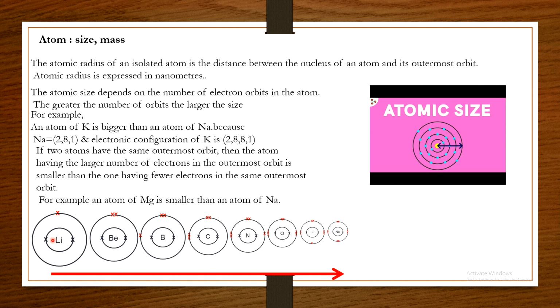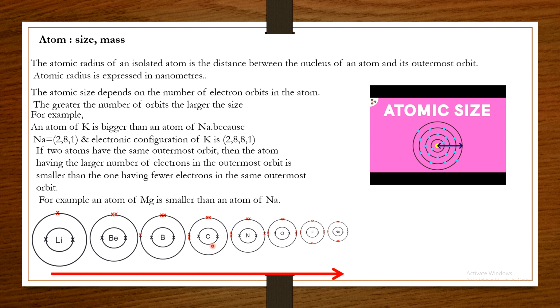So it will attract more electrons. The attraction power also increases. So the atomic radius goes on decreasing. That means as the number of electrons in the outermost orbit increases, the atomic radius decreases because the nucleus charge increases.